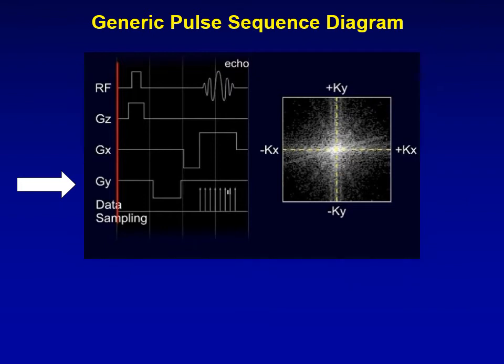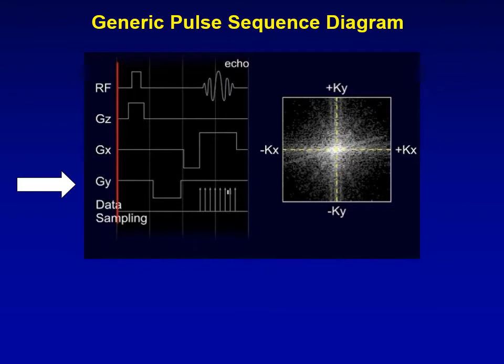Pay particular attention to what happens with the Y gradient. You will see that the Y gradient is incremented in steps, higher and higher gradients to fill each part in k-space until all the phase encoding lines in k-space are filled.